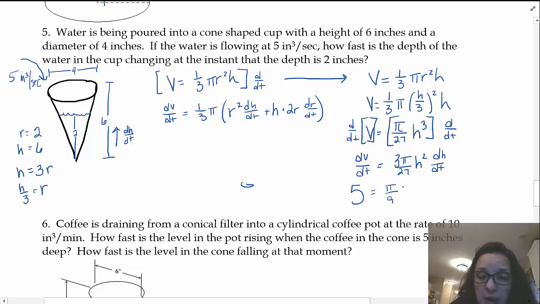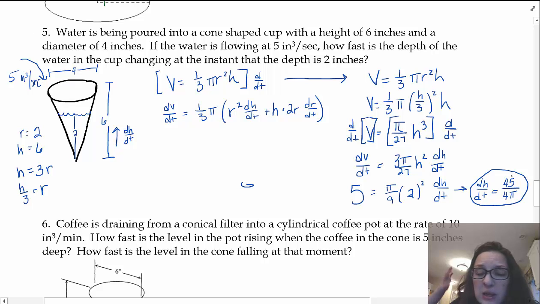This is pi over 9. h at the time that we're dealing with is 2. And dh dt is what I'm solving for. So I end up with dh dt times 4 pi over 9 equals 5. So this would be 45 over 4 pi, and that is my dh dt.